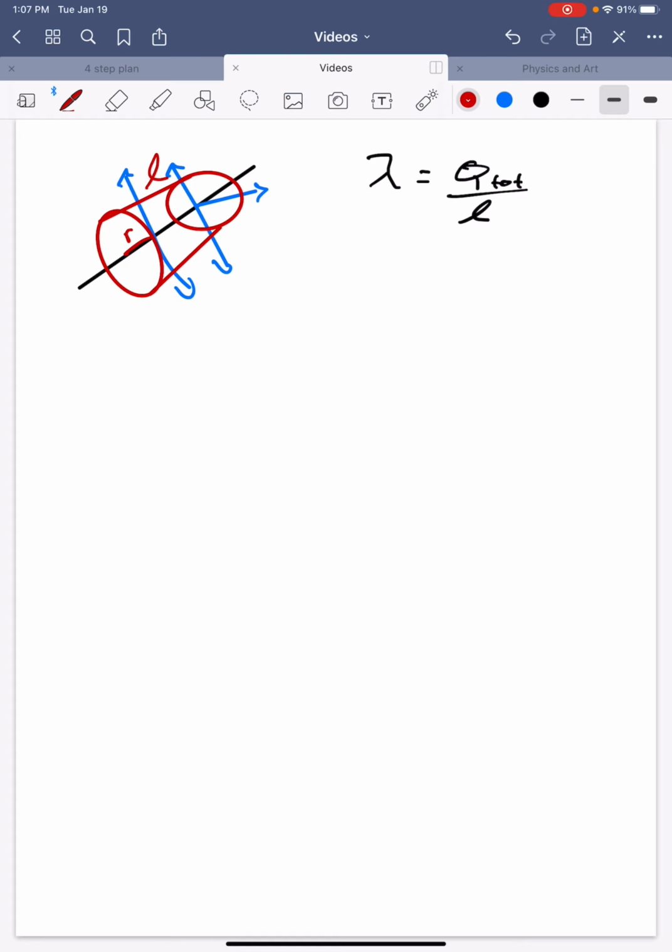So if I have an infinitely long wire, then I don't have to worry about the edges, because the edges are where all the difficult parts come into play in all of these scenarios. So I can say, well, EA equals Q enclosed over epsilon naught.